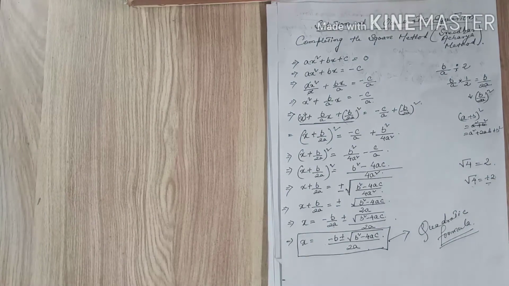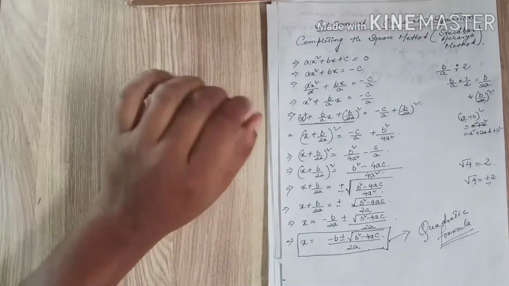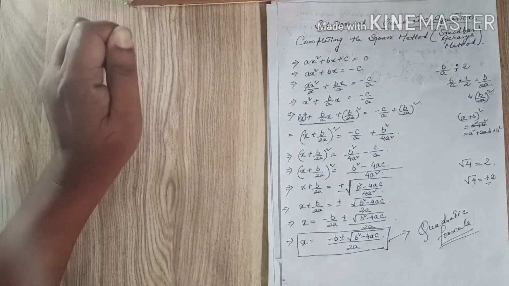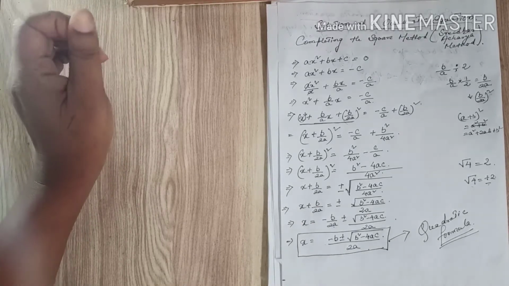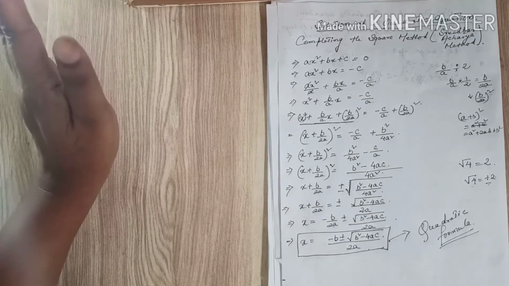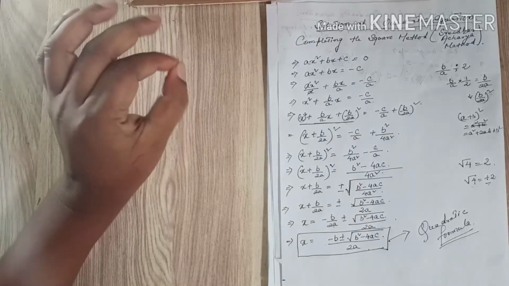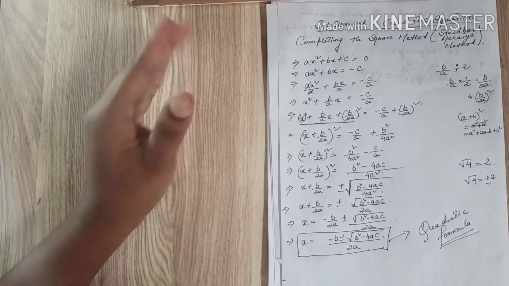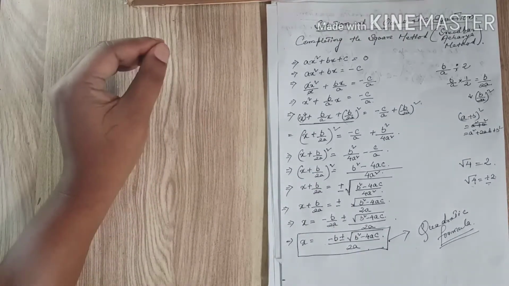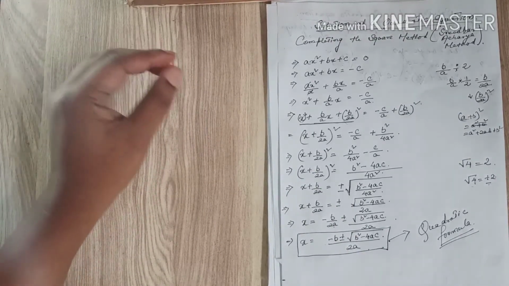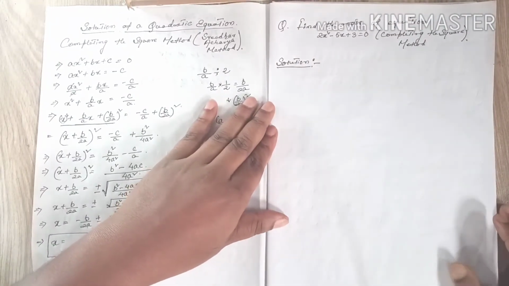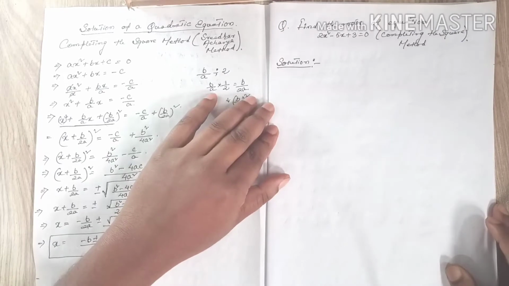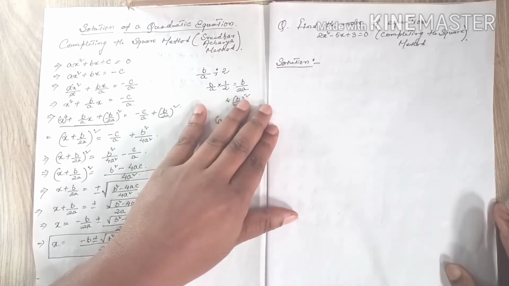So like this you can derive this formula also. You have learned one method of how to find the solution of a quadratic equation by the completing the square method. It will be more clear to you if we do one question using this method. So let us try to solve one question by the completing the square method.